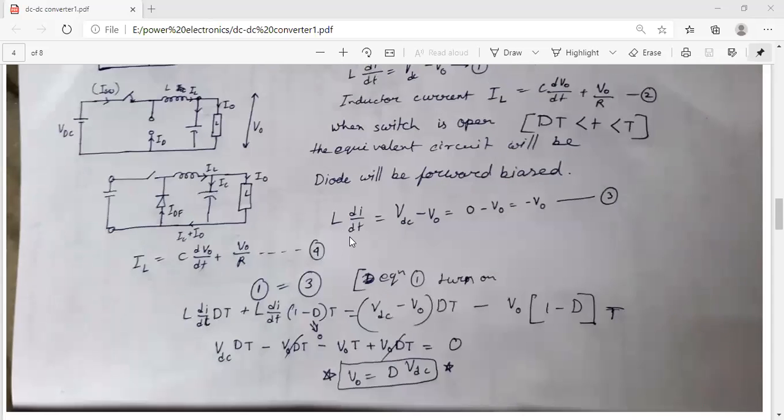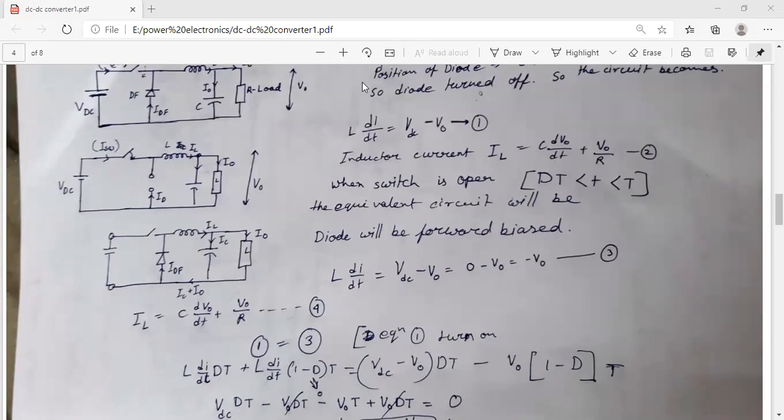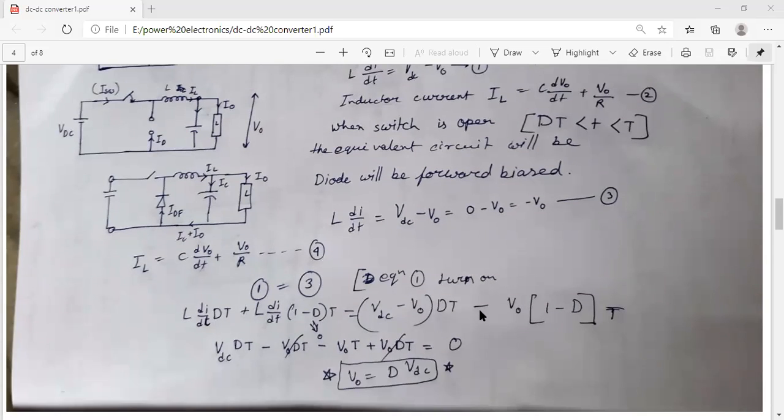L di dt into t on plus L di dt into t off is equal to VDC minus V naught, that is the load current, into t on, minus V naught into t off.